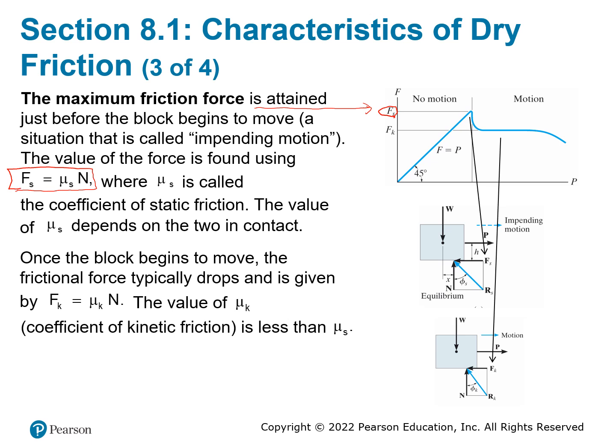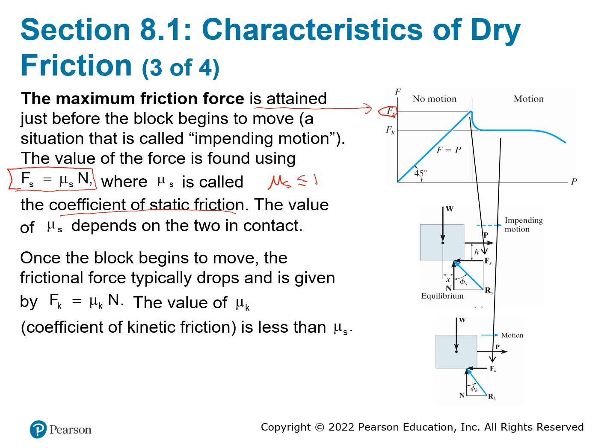The mu sub s is a coefficient called the coefficient of static friction, and this number is normally less than or equal to 1. So this is a small number. Normally it should be less than 1, and that depends on how the two surfaces interact.